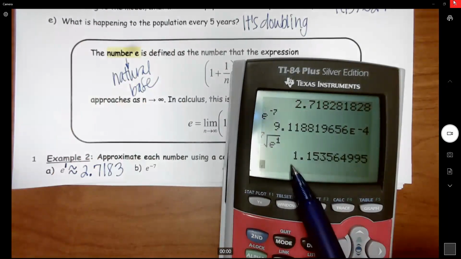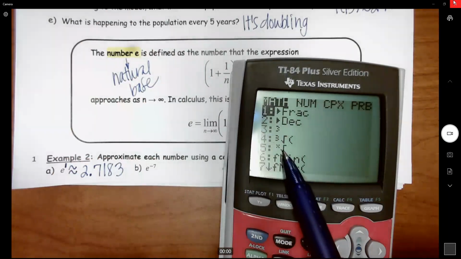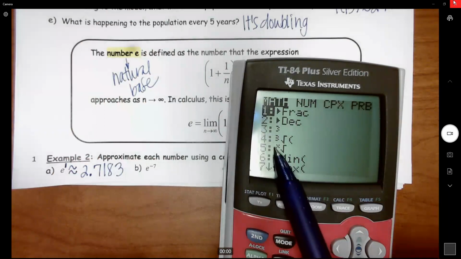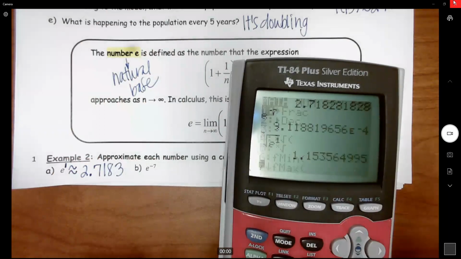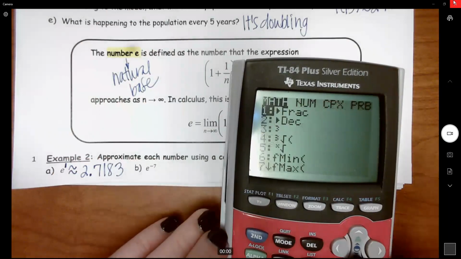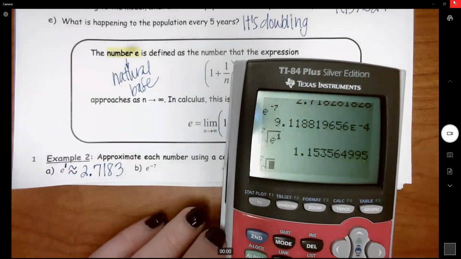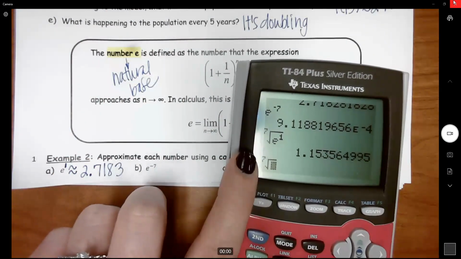But if you have that calculator, just go straight into math number 5, and it's going to give you a box right here to put in whatever index you want. But if you have this one, you have to enter the index first, and then you go into math, and whatever number you put in is what it will use as the index.